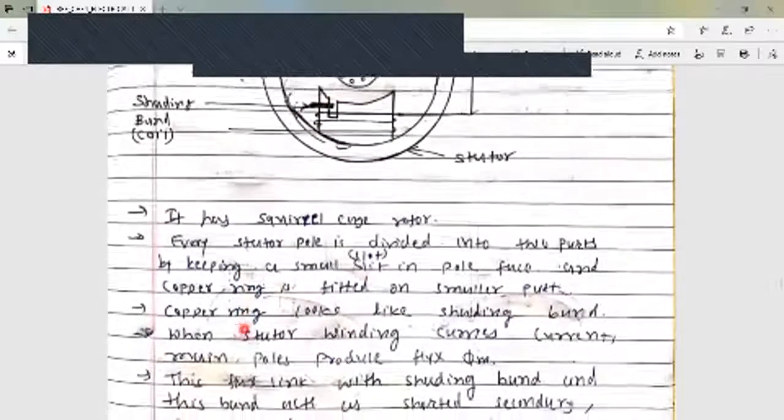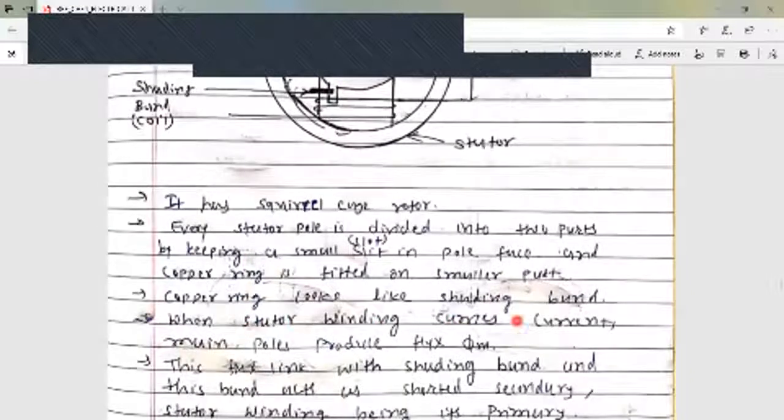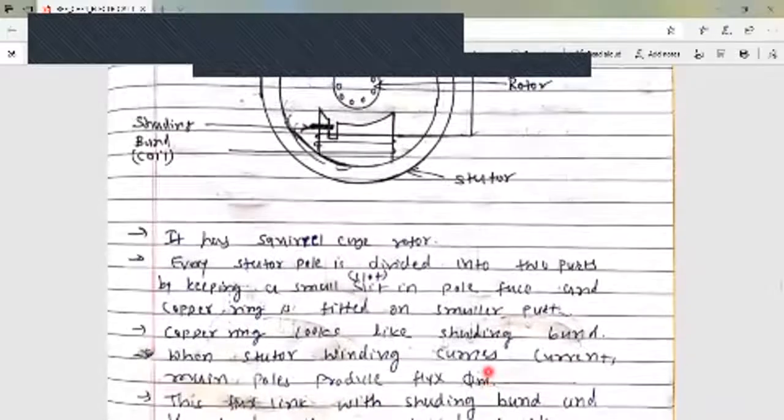When stator winding carries current, main poles produce flux phi. This flux links with the shading band. See here, when we give supply to the stator winding, it produces main flux phi, and this flux links with this shading band.